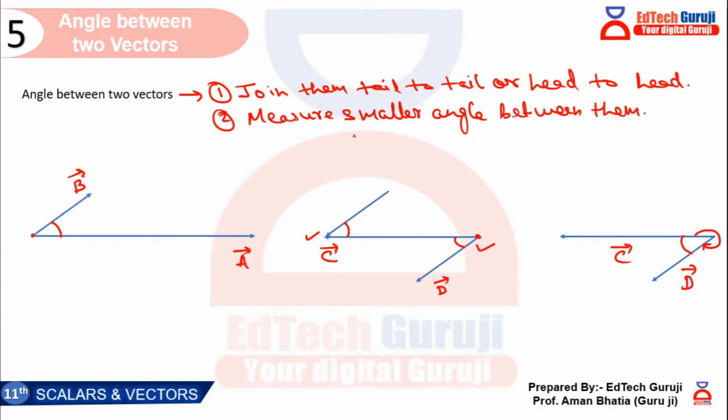The smaller angle will always be your right answer. So you can join them tail to tail or head to head and then take the smaller angle between them. That will be your correct answer.